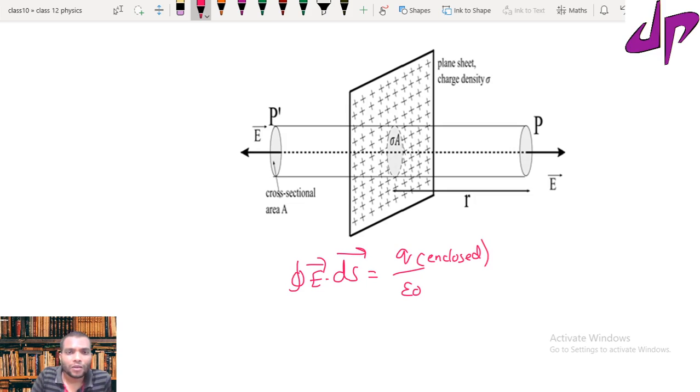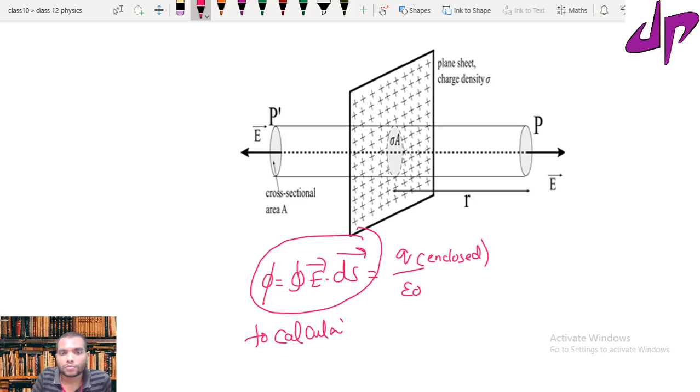In this theorem, first I wish to find the total electric flux, to calculate the flux at a point P.